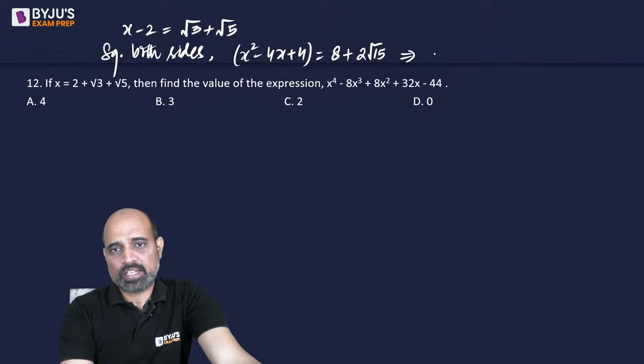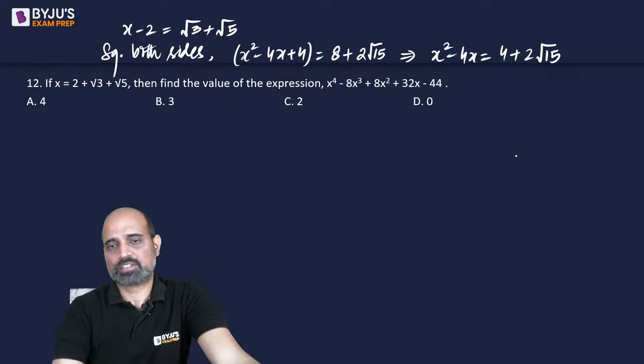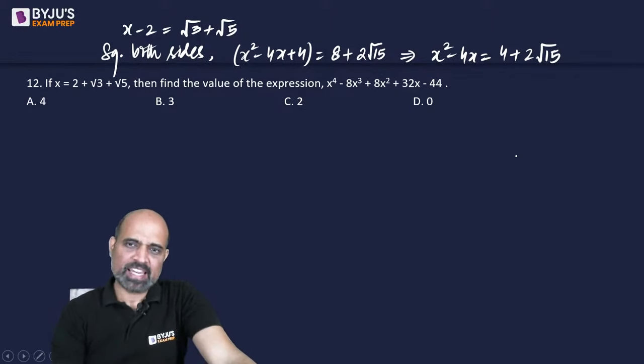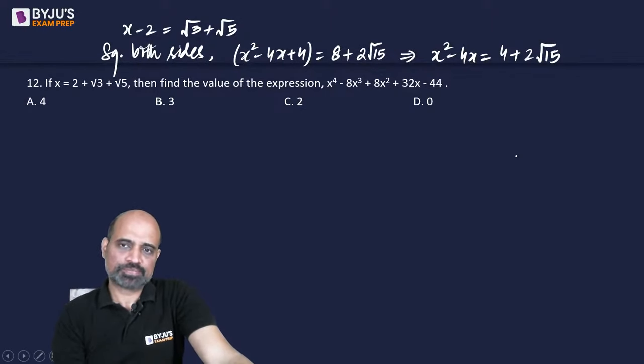This can be written as x square minus 4x is equal to 4 plus 2 under root 15, right? Taking x square minus 4x on one side.